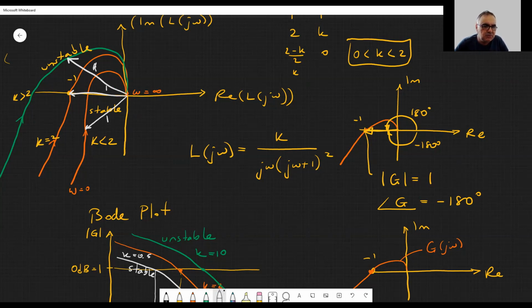As you see, the one that doesn't encircle the minus 1 point has a transfer function magnitude equal to 1 when the phase is below minus 180 degrees. Whereas for the unstable one, when the magnitude is 1, the phase is above 180 degrees.